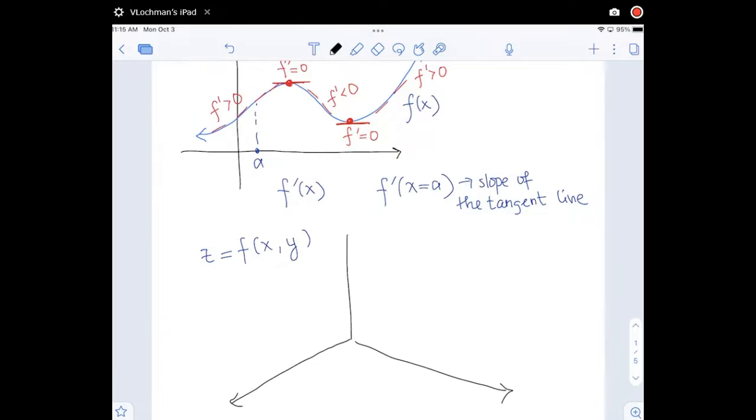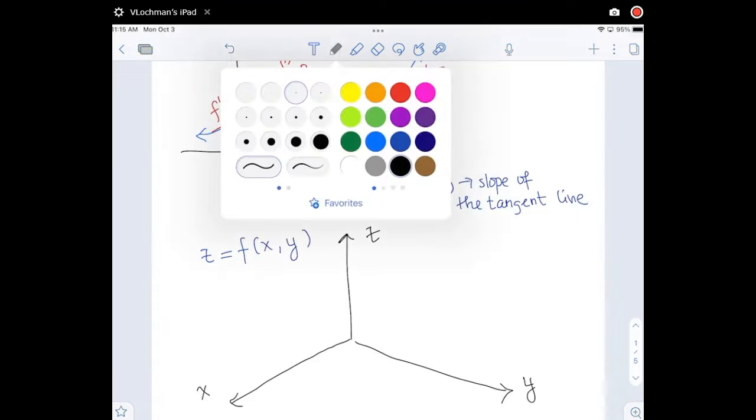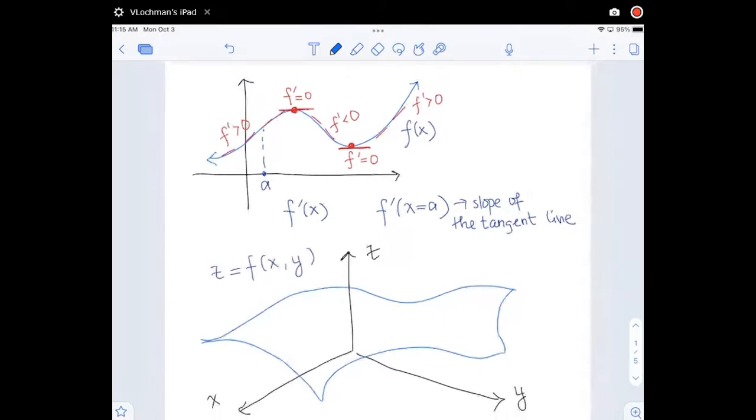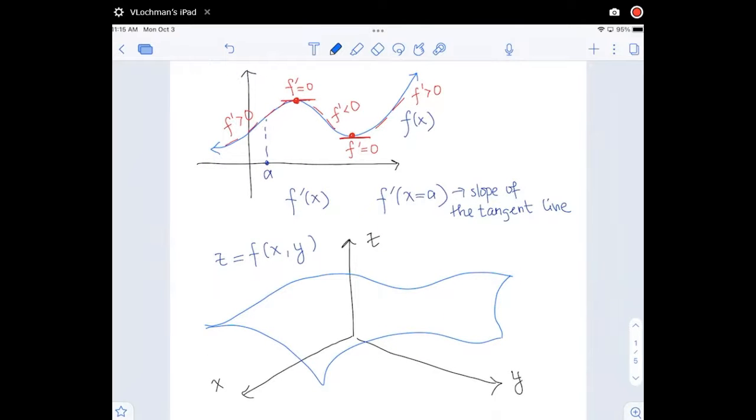Now they're surfaces. So x, y, z, and now let's say I have some sort of surface that looks like this, just an abstract surface. Imagine it sits in 3-space. What do derivatives tell us now? That's what we're going to be discussing.